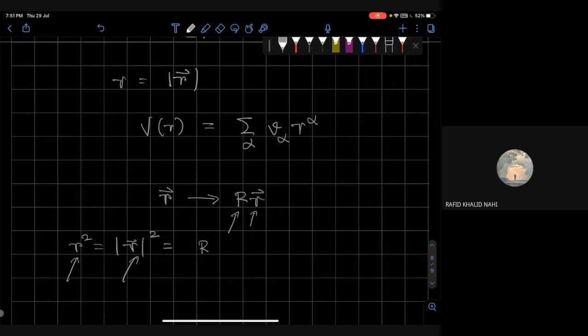Under this transformation, let's call this r prime, so this is going to be R r squared. Is it clear what I've done here? I've just used this equation.